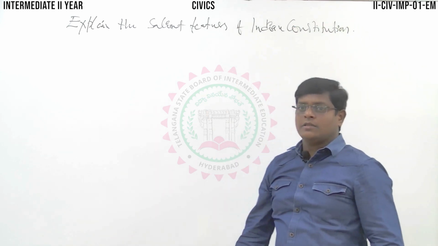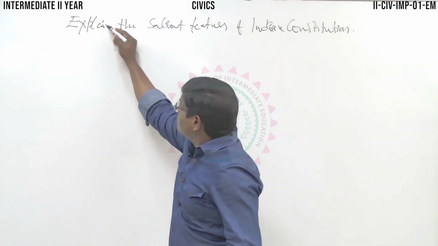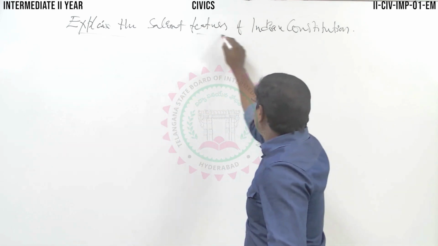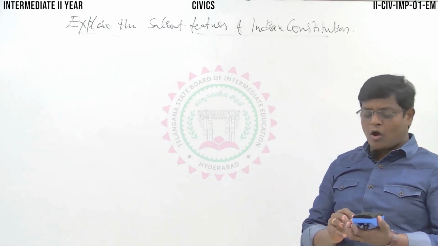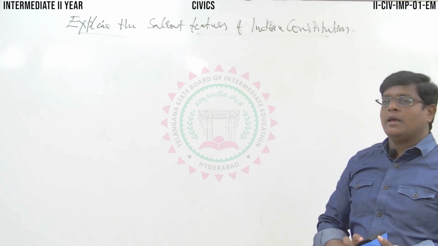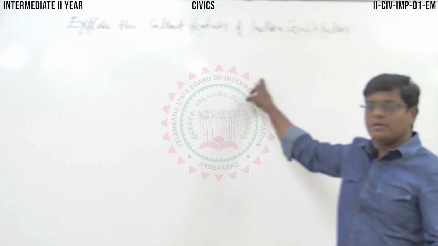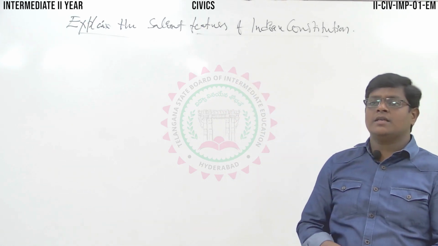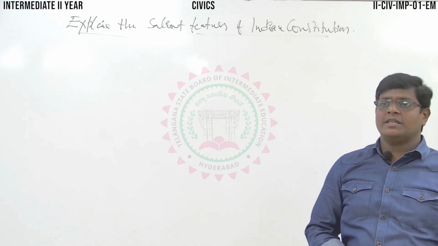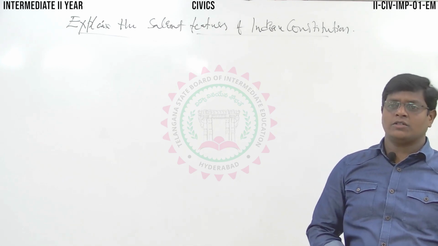Right? So this is the question we can explain today in a very clear manner. This question has occupied the number 1 position most of the time. The number 1 question in our question paper is: explain the salient features of Indian Constitution.